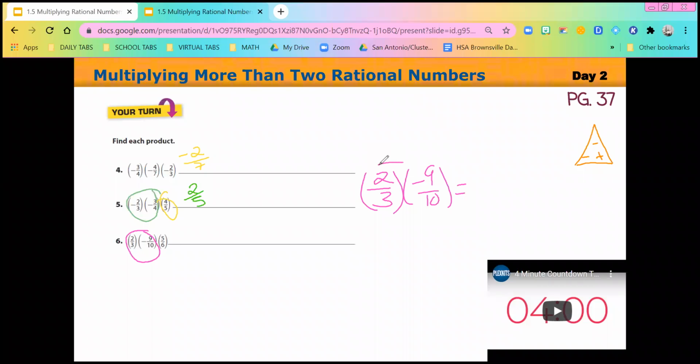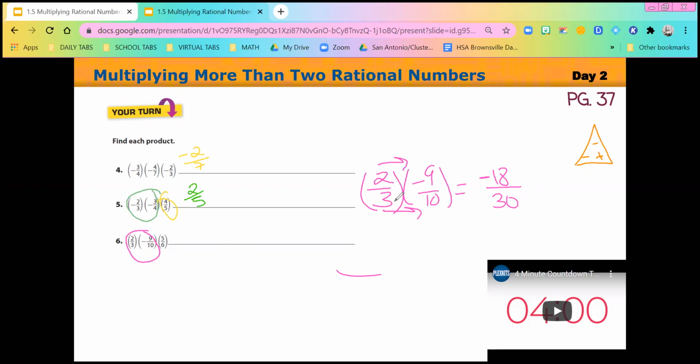All right, so again, numerator times numerator, 2 times negative 9. Positive times a negative gives me a negative answer. 2 times 9 is 18. 3 times 10 gives me 30. I want to simplify this, because 18 and 30 multiplied by 5 and 6 would be really big numbers, and that's even more difficult to simplify.